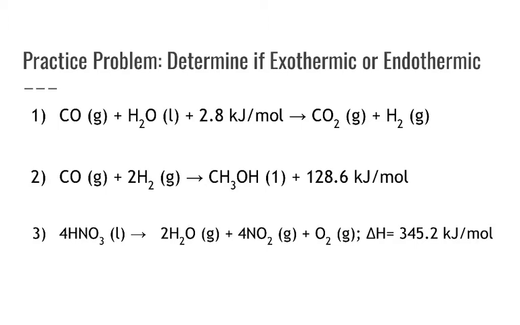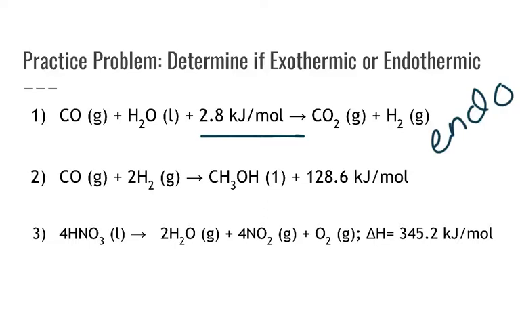A practice problem would look like this. You'd be given equations and you would have to identify if each is exothermic or endothermic. Looking at number 1, I noticed that the delta H is given as a reactant. So in this case, it would be endothermic. It's positive and written as a reactant, showing that it's being absorbed in the reaction.